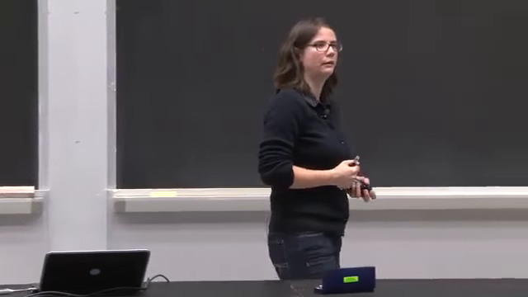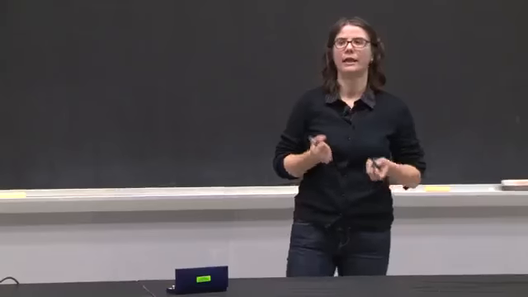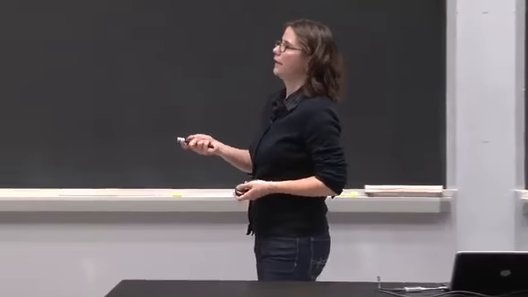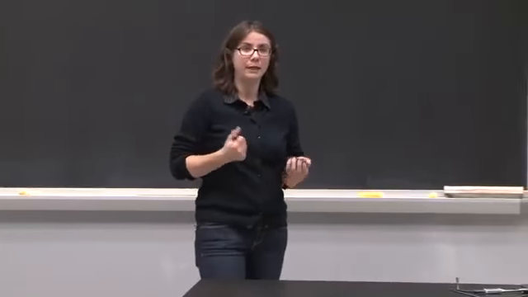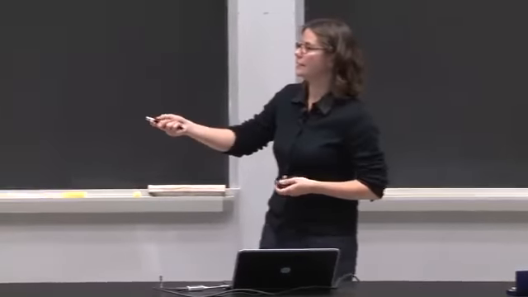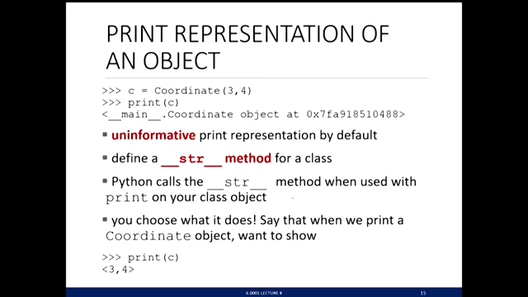If you define this method in your class, that tells Python, when you see a print statement on an object of type coordinate, call this method, look at what it does, and do everything that's inside it. You can choose to make it do whatever you want inside your definition of str. In this case, let's say when we print a coordinate object, we're going to print its x and y values surrounded by angle brackets. That seems reasonable. So from now on, when you print coordinate objects, you're going to see things like this, which is a lot more informative.